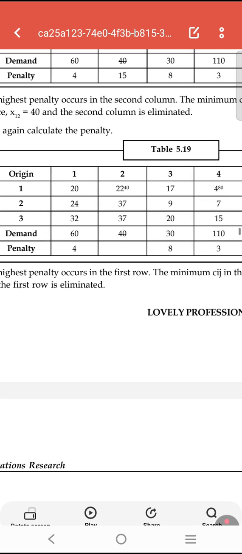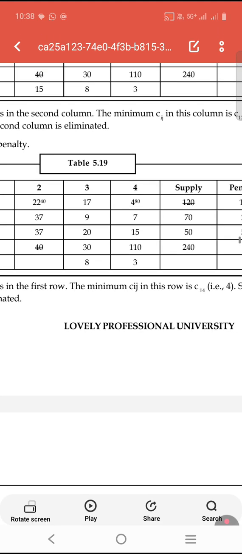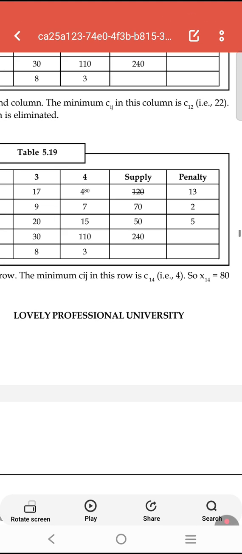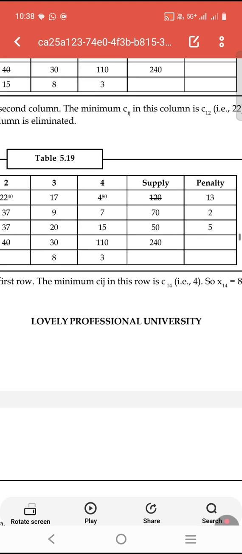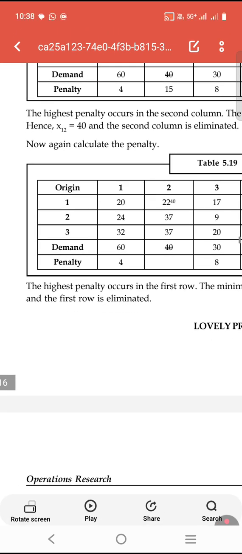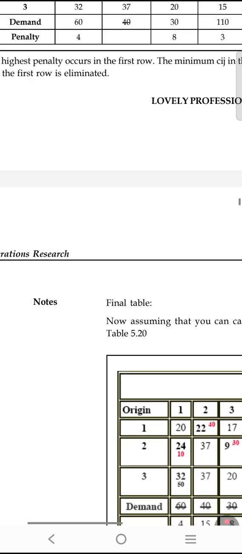In this row the minimum cost is 4, and we make the allocation in cell 14. Here the supply is 18 and the demand is 110, and we allocate the minimum of the supply and demand, that is 18, in cell 14. We cross out the first row, since its supply is exhausted, 18 minus 18 is 0, so the first row is eliminated. Then we repeat the process.